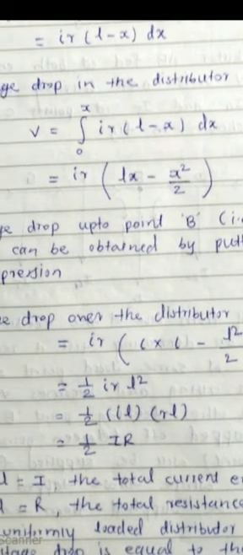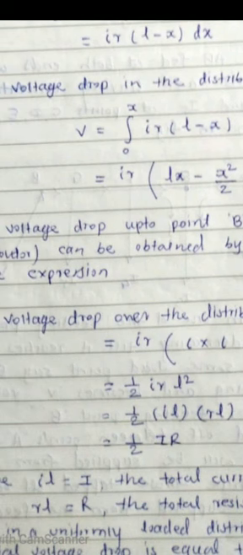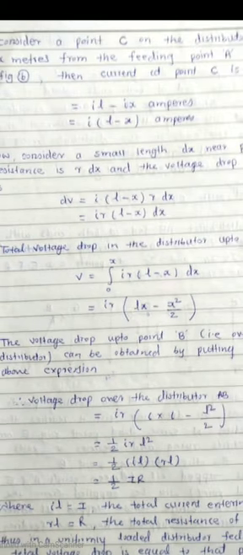Simplifying, that is 1 by 2 i r L square, then 1 by 2 iL into rL, then 1 by 2 capital I into capital R, where iL is equal to capital I, the total current entering at point A, and rL is equal to capital R, the total resistance of the distributor.